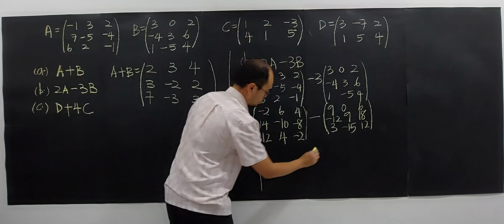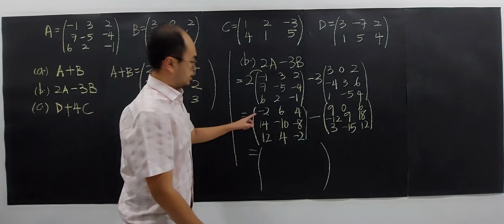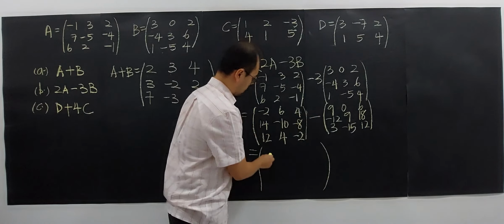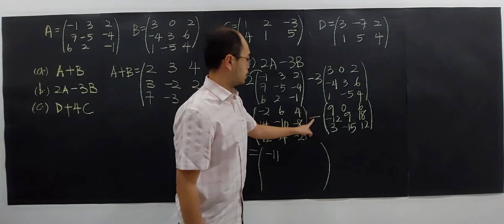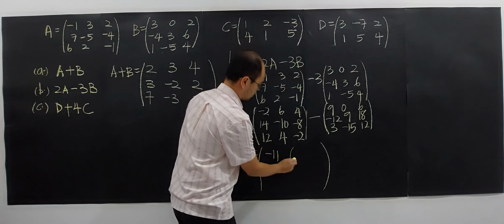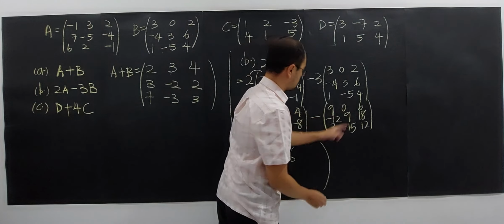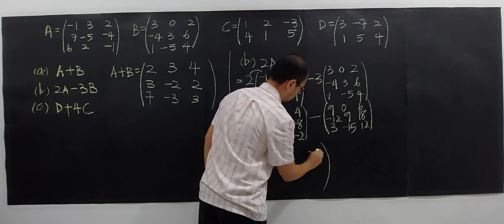After you complete the scalar multiplication, then you do the subtraction. -2 minus 9 is -11. 6 minus 0, you have 6. 4 minus 6 is -2.